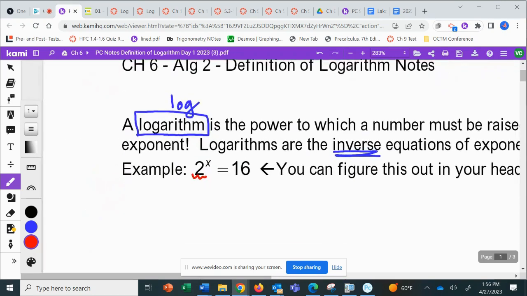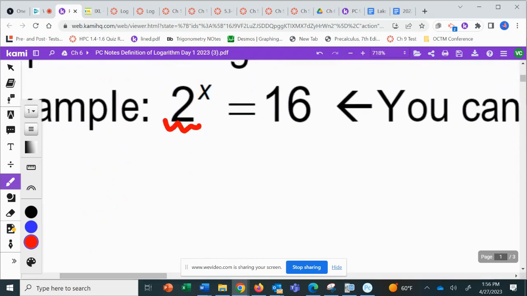So what I'm going to do is I'm going to take this equation and I want to cancel out the 2 so that I just have x by itself. So what I do is I use the inverse of this base of 2. The inverse is called log, but we have to specify this is going to be a log base 2.